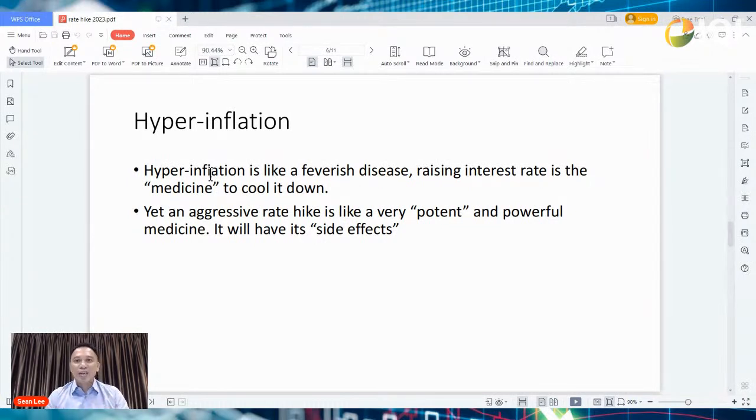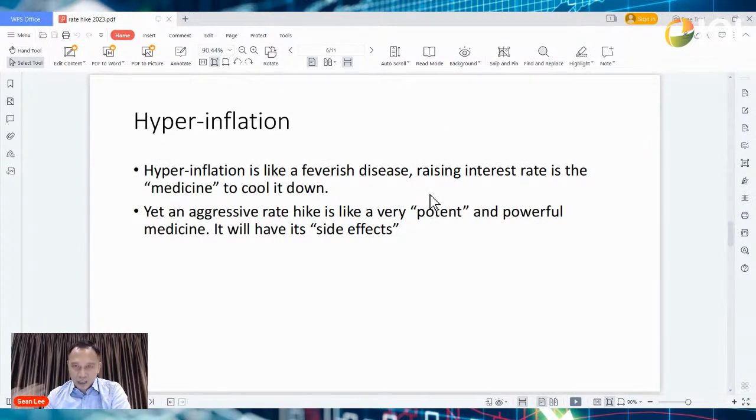These are some indications that inflation is running red hot. So when you have a situation like this, just like a body having a feverish disease, the financial doctor, the ultimate central bank of the US, has to raise the interest rate, use it as a medicine to cool the market down, just like a medicine to cool the whole body down.